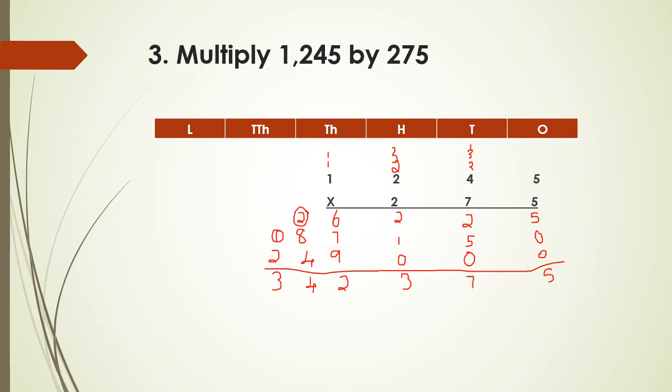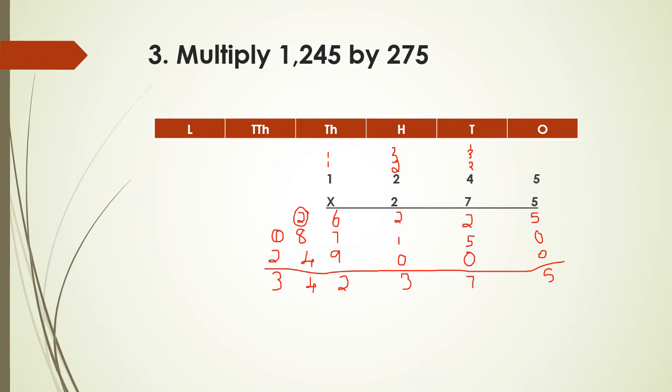What you have to do, you have to place 0 in the ones place, 0 in the tens place. Then you have to proceed with the hundreds place. So now 2 times 5 is 10. 1 carry over. Then 2 times 4 is 8. 8 plus 1 is 9.